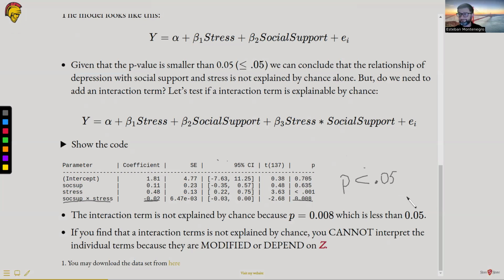So that's good. And my hypothesis is true. Well, we are not saying true or false, but at least I have evidence that I could hold my hypothesis. Yes, there is an interaction that is not explained by chance between social support and stress, right? At least in this data set, right?